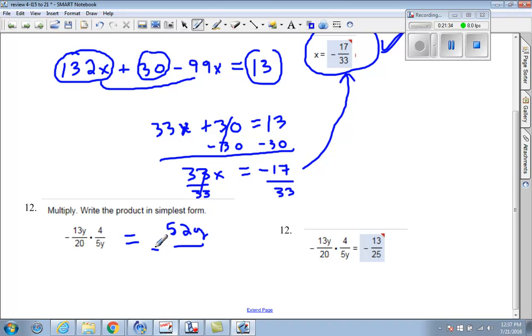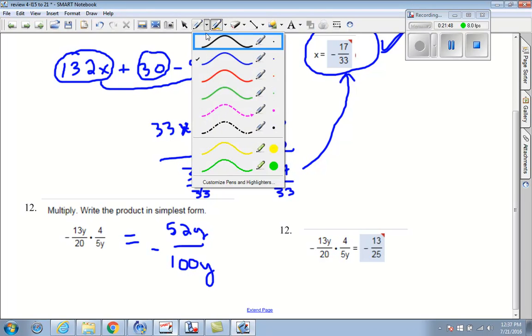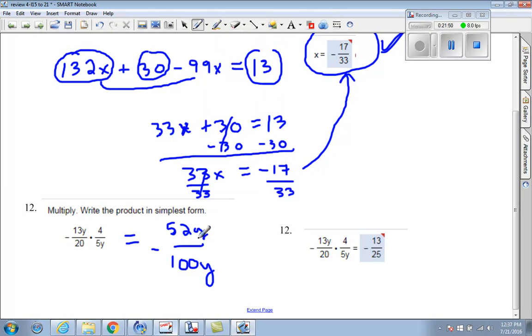I'm just going to keep the negative out front because a negative times a positive is negative. 20 times 5 is 100y. And then right there you can look for some cancellation. So the y's cancel.